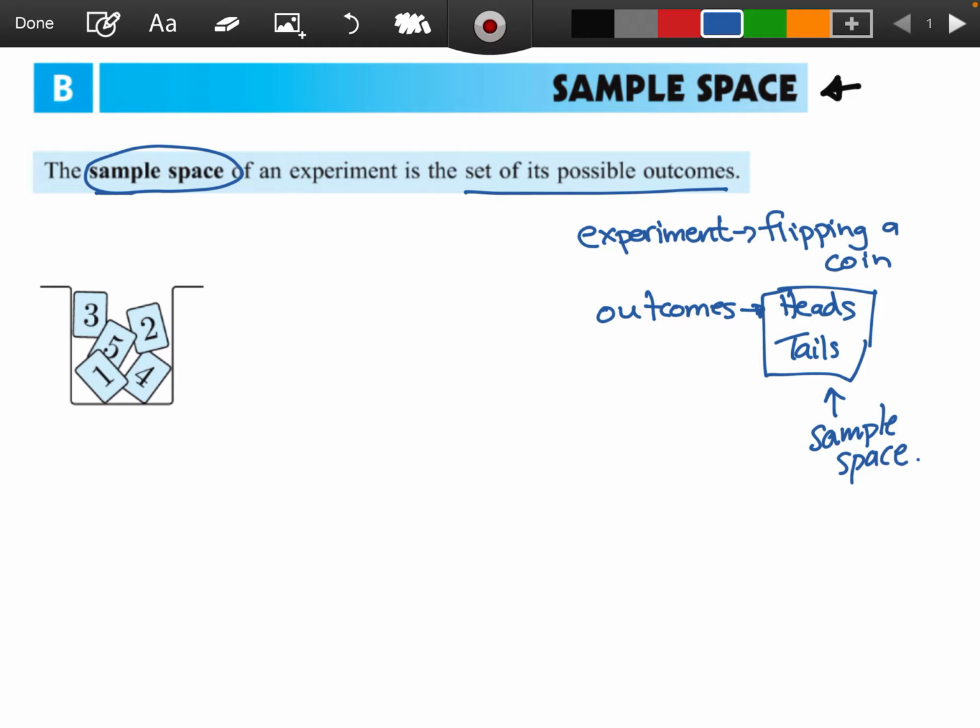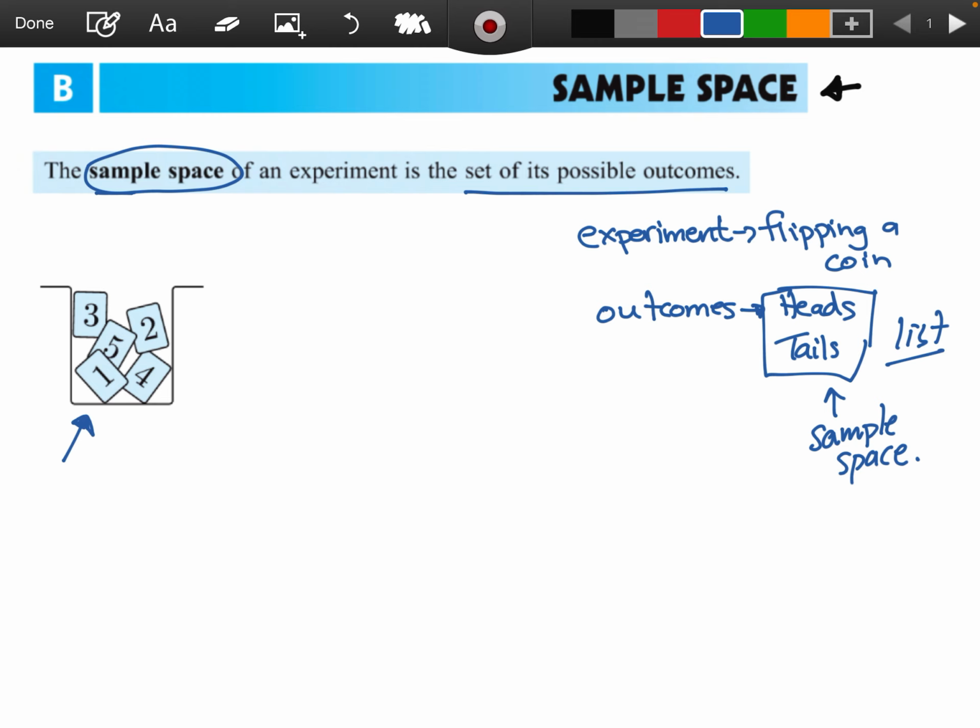So we're going to look at two ways of determining sample space. For a simple, straightforward experiment like flipping a coin, sample space can just be a list. When you're talking about a not super complicated experiment, you can probably figure out what the sample space is and just list them. Over here you'll see we have this little container, and inside the container there are different numbered cards.